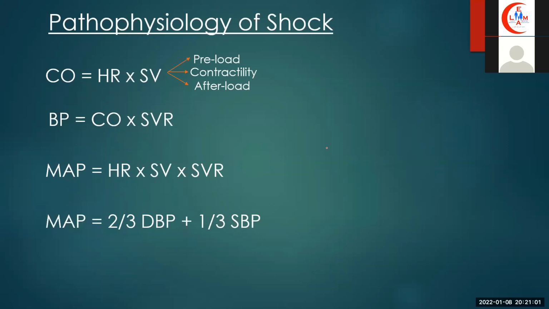This is the diagram. Okay, so this is the diastolic blood pressure. Let's say it is 70. Okay, oops, sorry. And systolic, let's say 130.